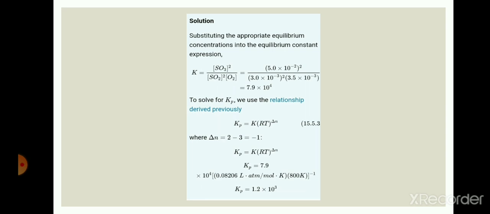After we balance, we substitute the appropriate equilibrium concentrations into the equilibrium constant expression. Then we solve for Kp using the relationship derived previously. We plug in and calculate. The result is 1.2 times 10 raised to the power of 3.